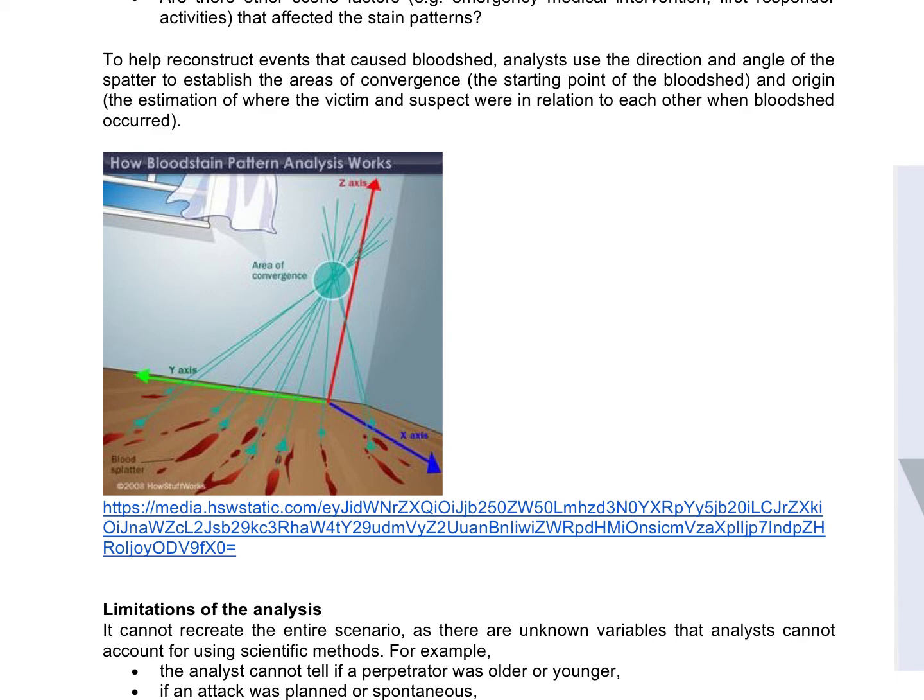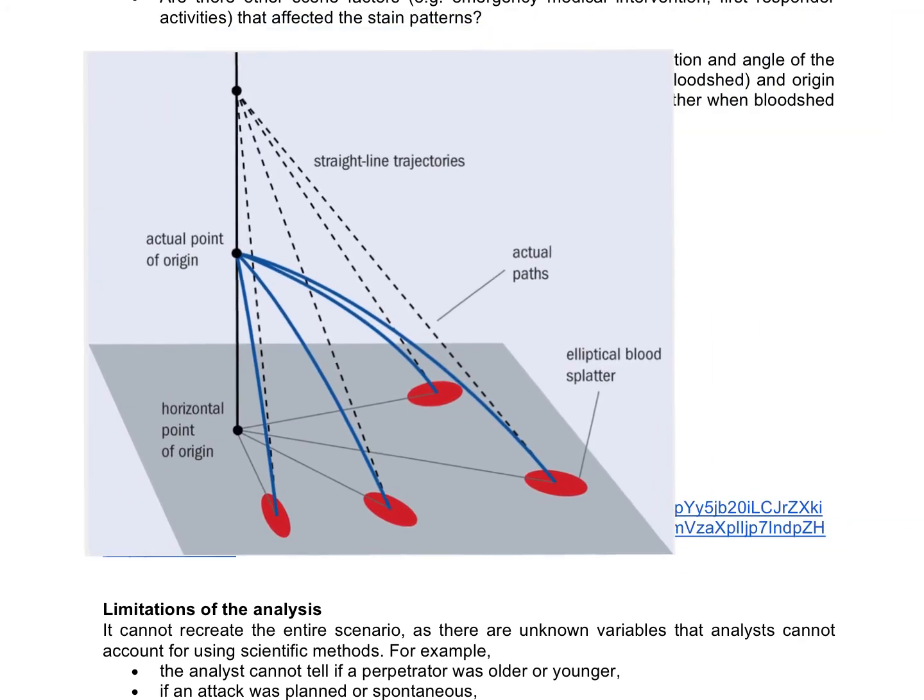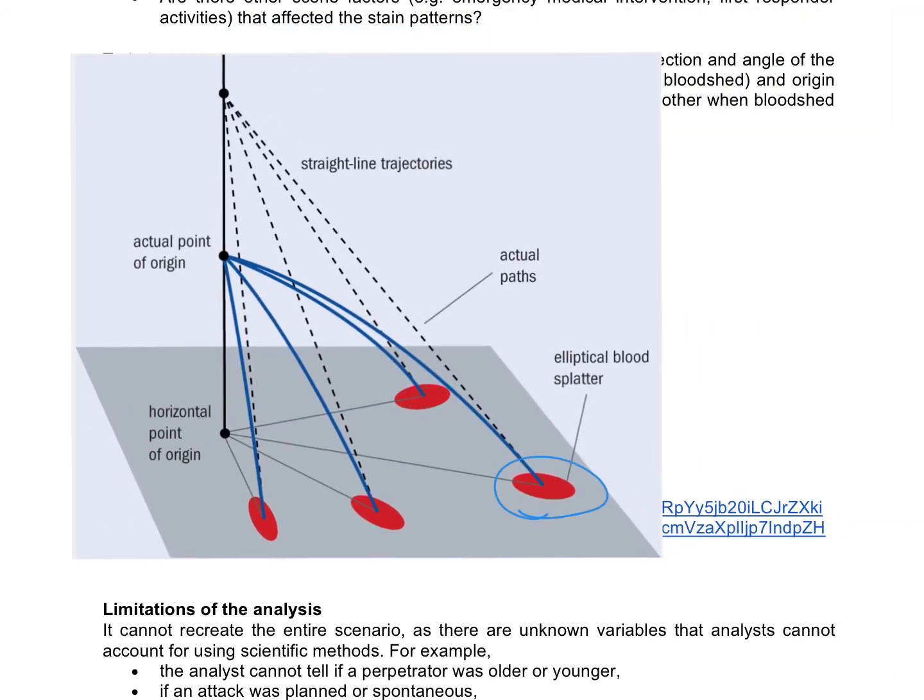okay, I'll show you another one. So the analyst will identify a few blood stains which he thinks will contribute to where he can find the area of convergence, because some stains are just secondary splatter or satellite splatter. So he needs to identify the parent drops.